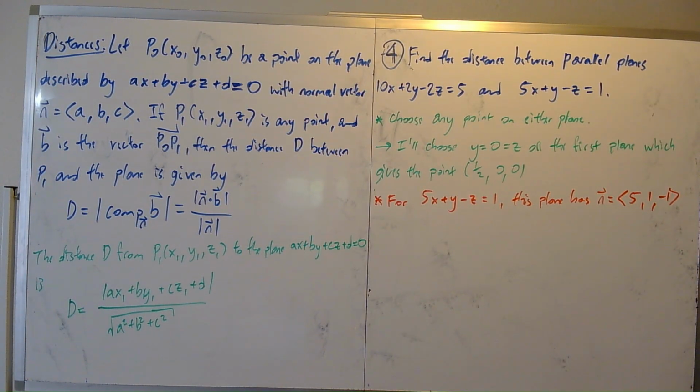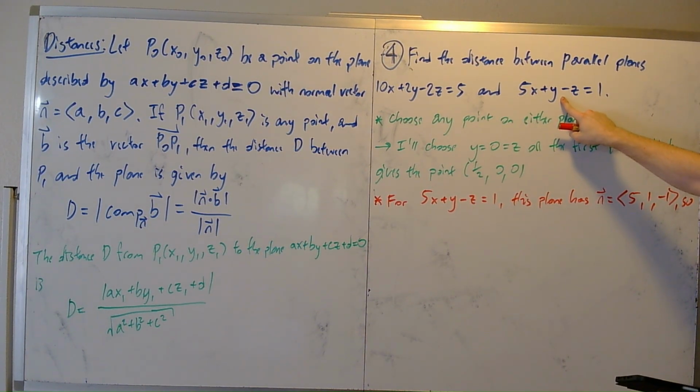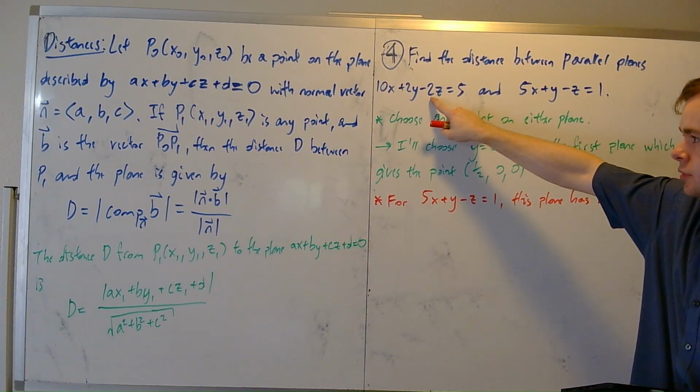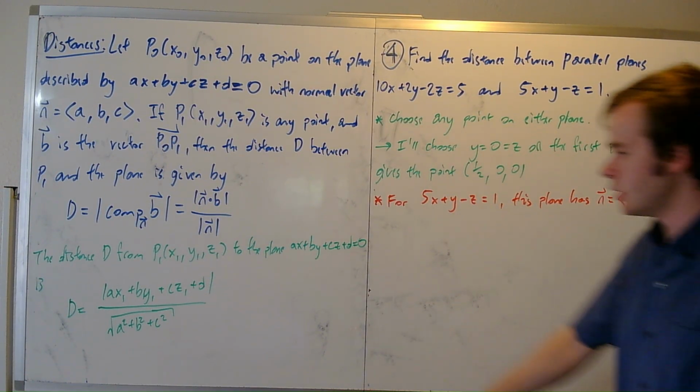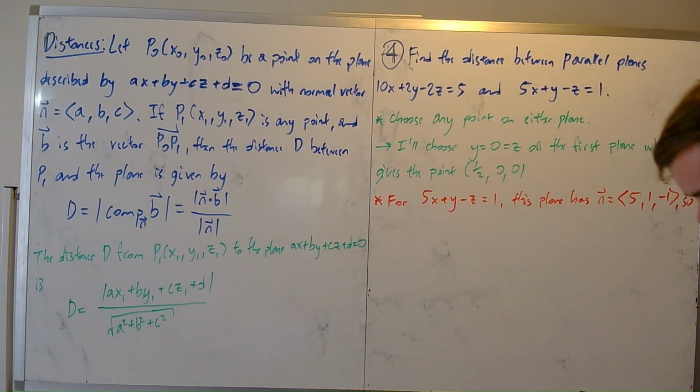So what we can do here, so we have a normal vector to this plane. We have a point that's not on the plane, so that's our P1 over here. And now we can just go ahead and use this formula.